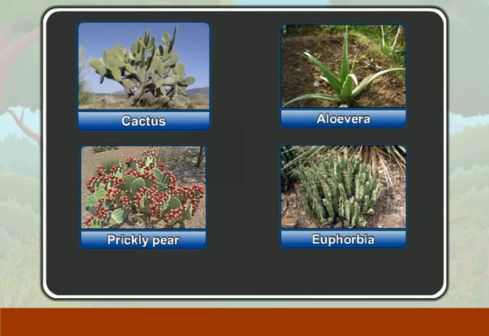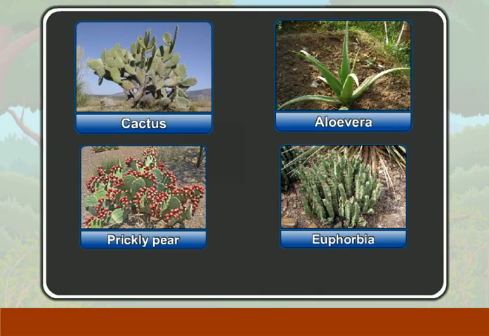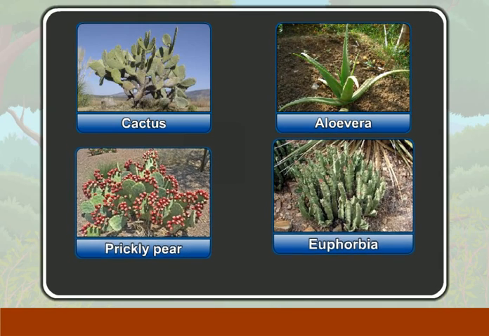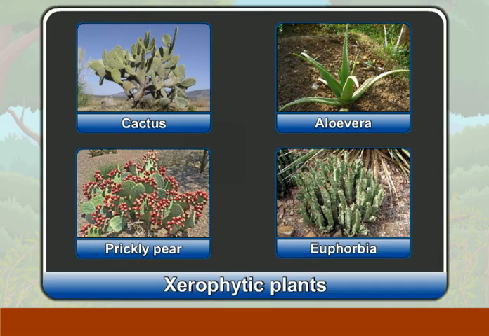So, a cactus, an aloe vera, a prickly pear, and euphorbia are xerophytic plants. All these xerophytic plants are known as xerophytes as well.